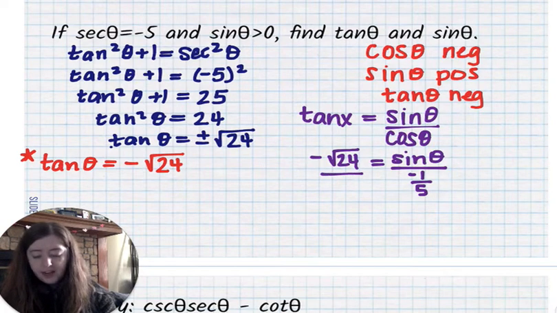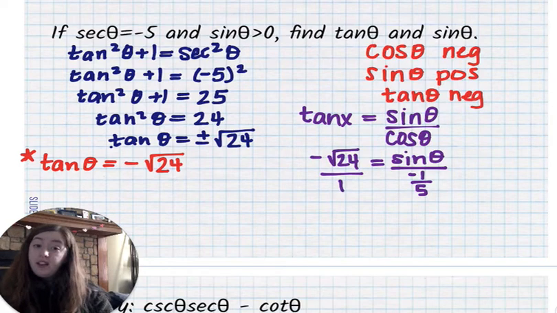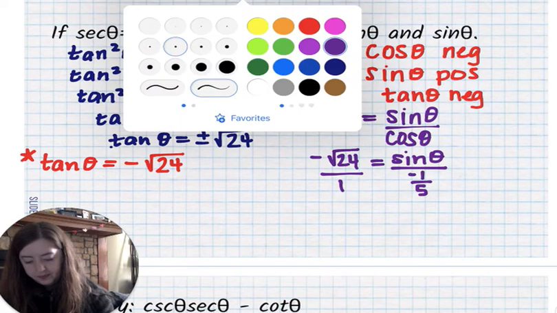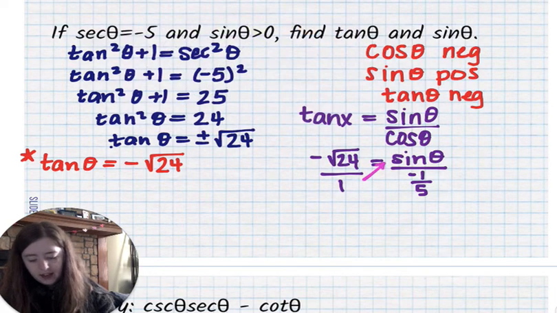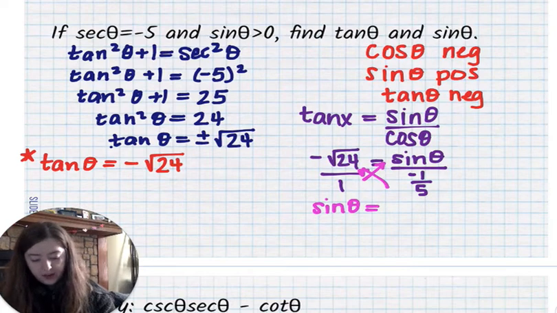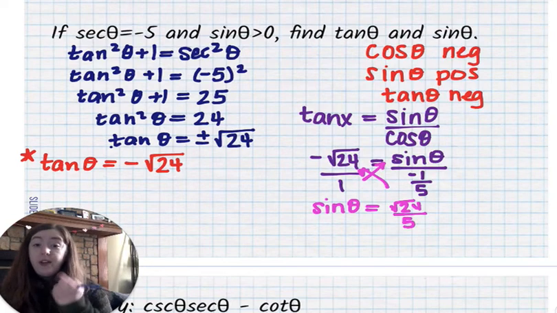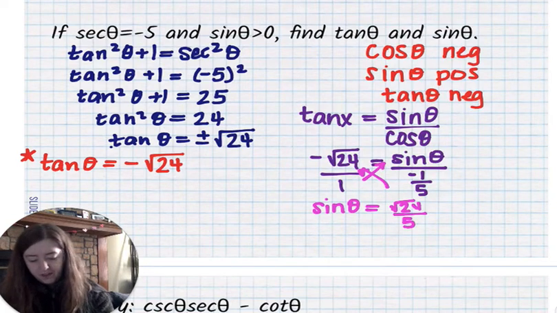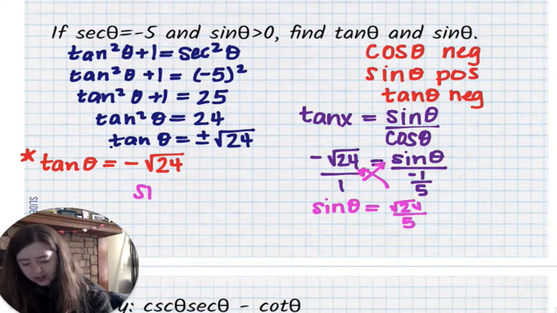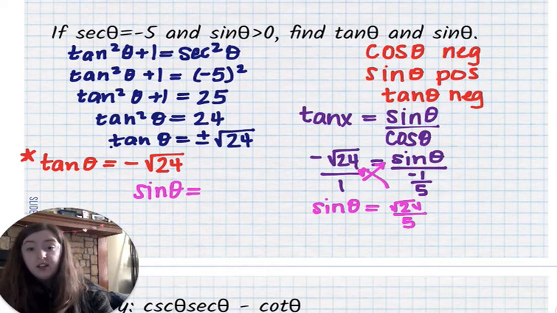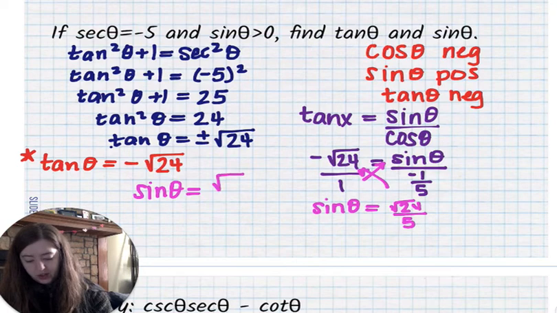I'm going to pop that -24 over 1, and then we can cross multiply. 1 times sine is sine. -1 times -24 is positive 24, and that's over 5. So we have sine of theta is equal to the square root of 24 over 5.